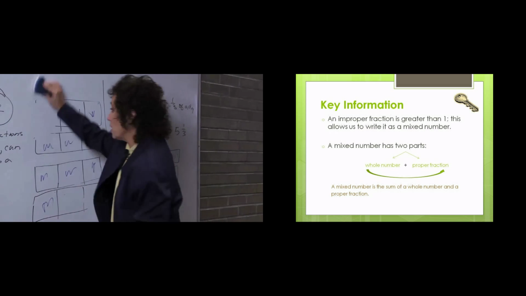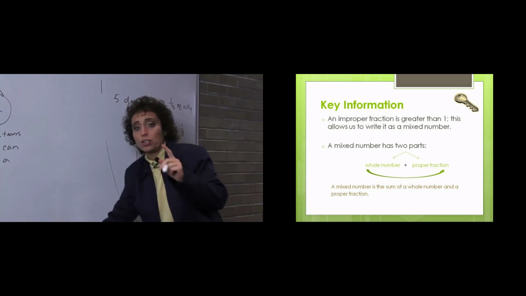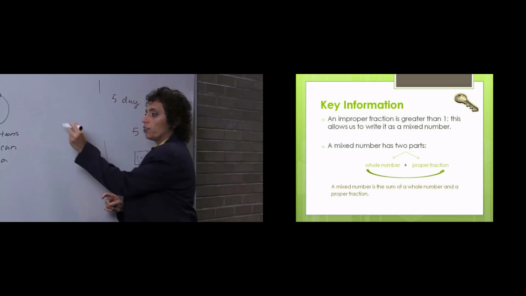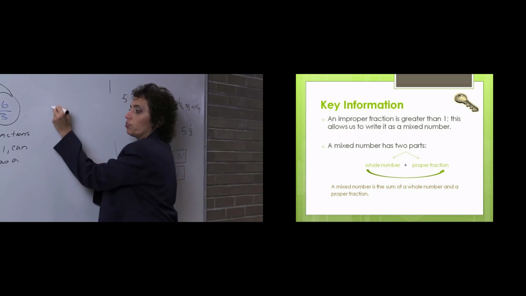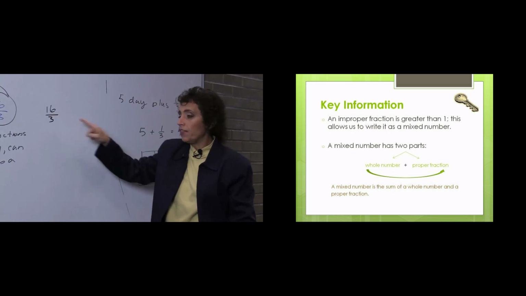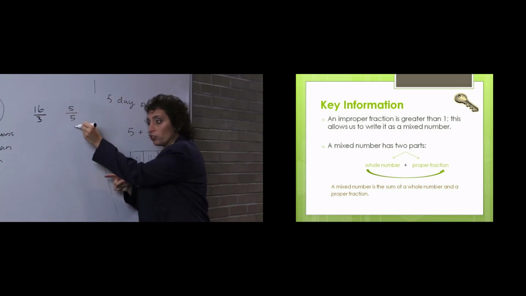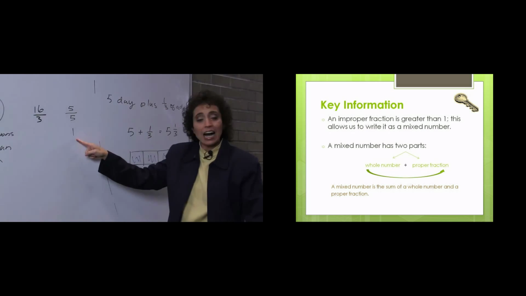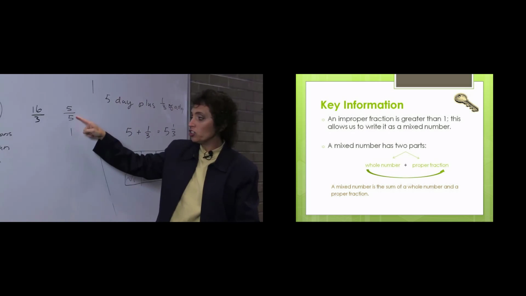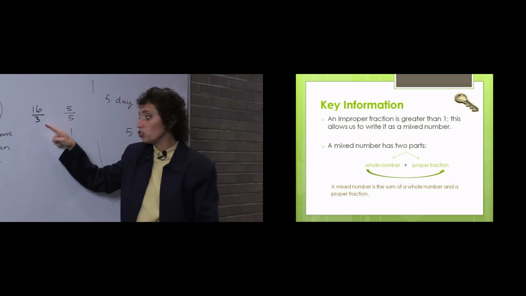Remember, there are 2 types of improper fractions. There are improper fractions like 16/3, where the numerator is greater than the denominator. And then there are improper fractions where the numerator is equal to the denominator. Well, that's 1. So that's not a mixed number. You cannot change these improper fractions to mixed numbers. They just become whole numbers. But you can change these.